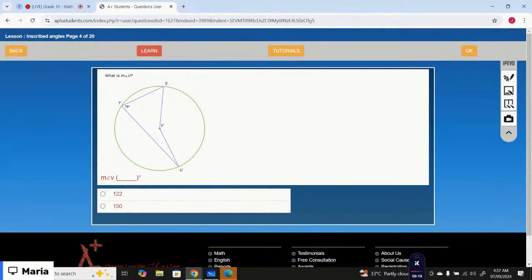Angle V is double of angle T, right? So 75 times 2 is 150 degrees.